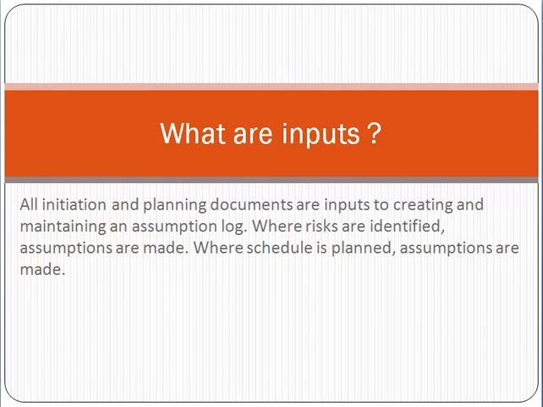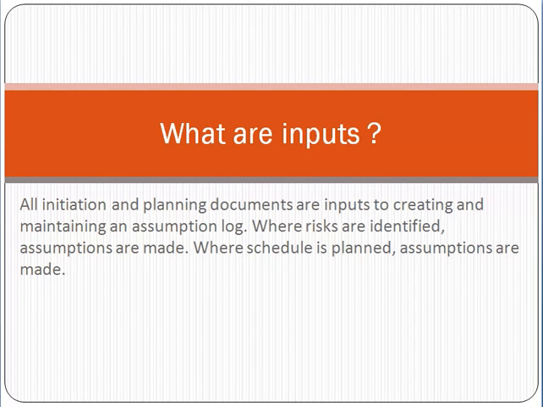What are the inputs to make the assumption log? All initiation documents and all planning documents like scope, contract, and project plan are the documents which are the input to creating and maintaining the assumption log.